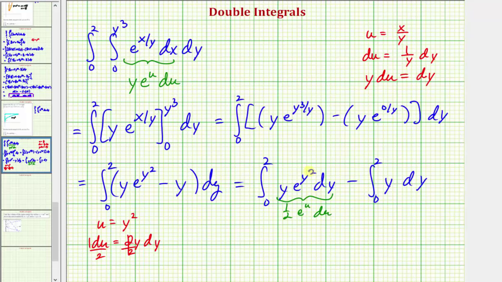So the antiderivative in terms of u would just be 1/2 e to the u. So if we integrate with respect to y, we would have 1/2 e to the y squared. And the integral of y would just be y squared divided by 2, or 1/2 y squared. Let's go and evaluate this on the next slide.